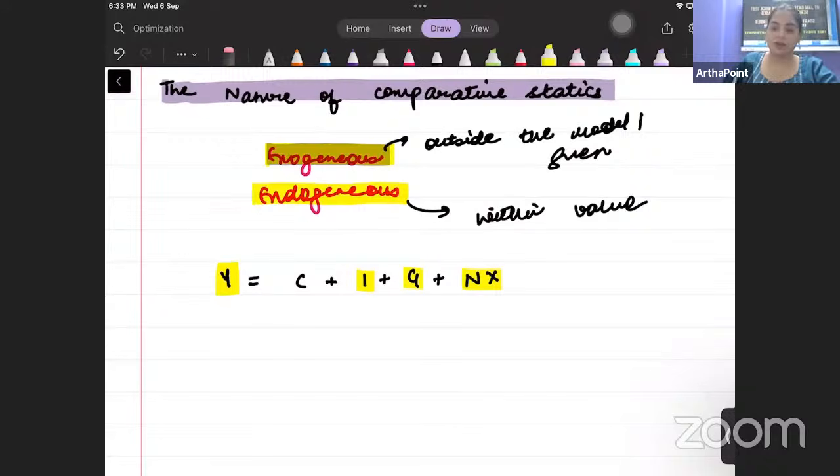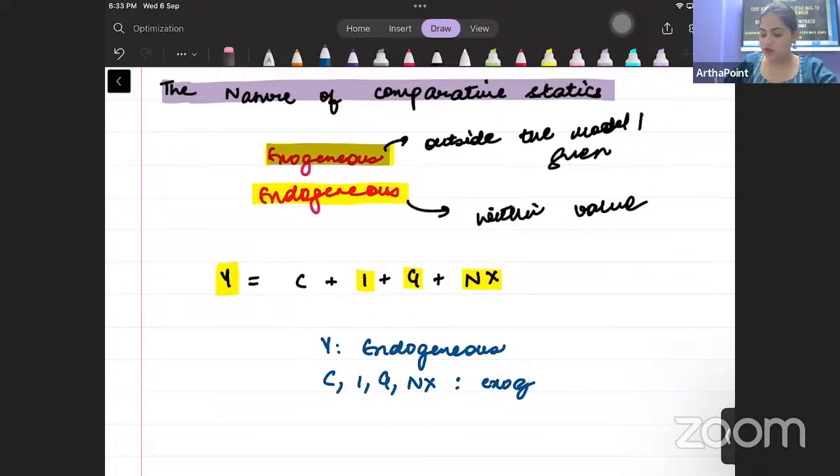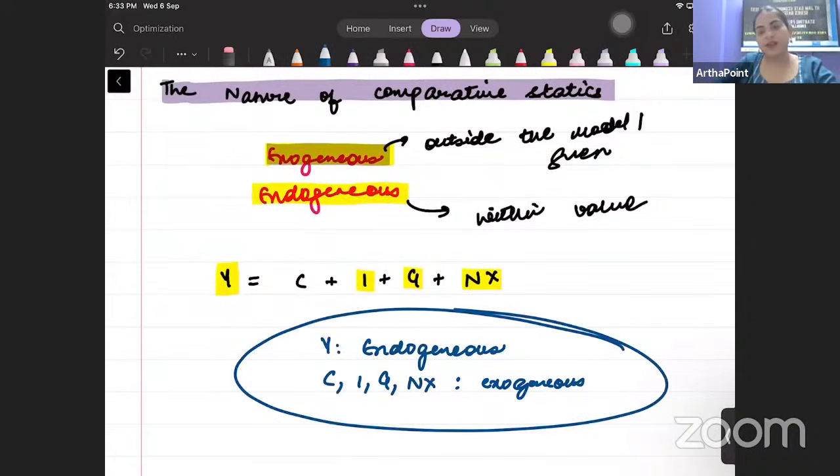Y is determined within the model. So Y is endogenous. And other things like C, I, G, NX are exogenous. Is this clear? One is endogenous, one is exogenous.